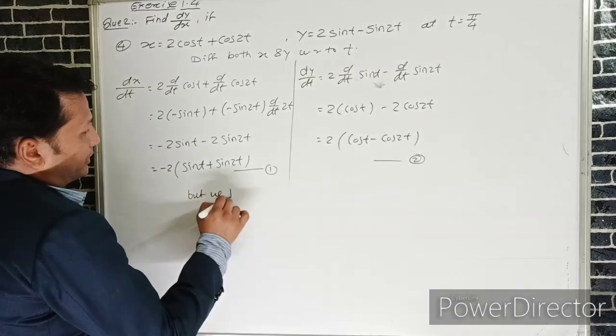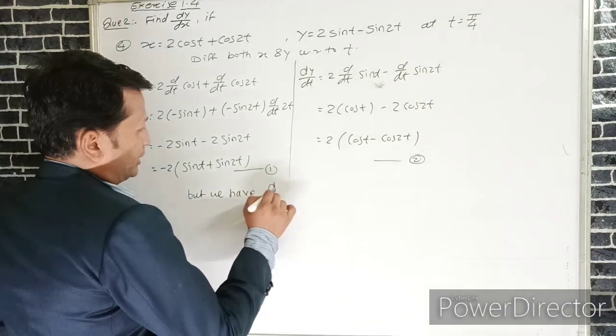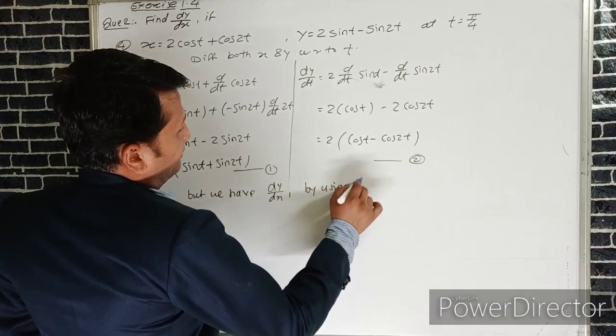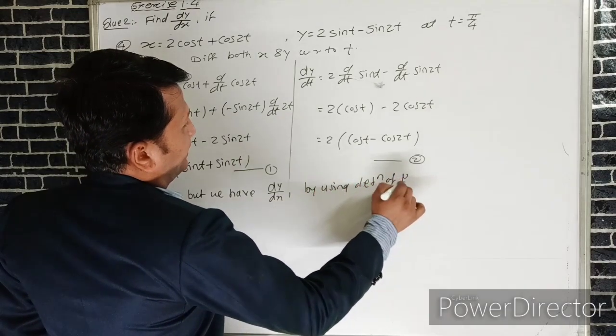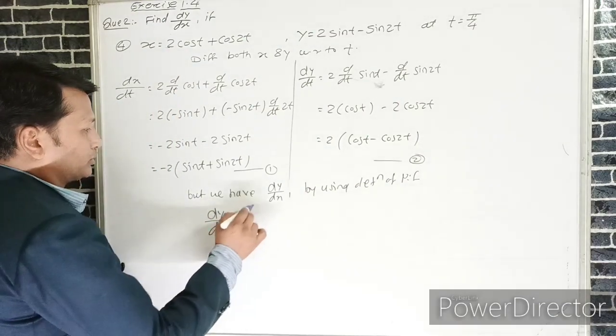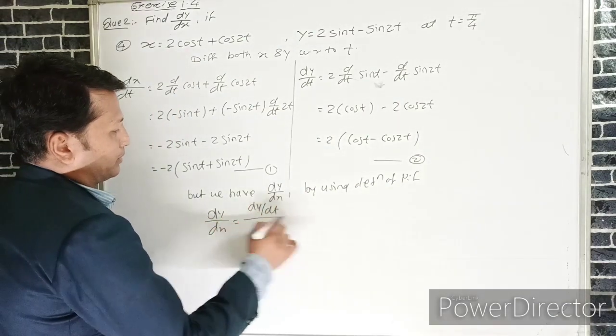But we have to find dy upon dx by using the definition of parametric function. We can write dy upon dx is equal to dy by dt upon dx by dt.